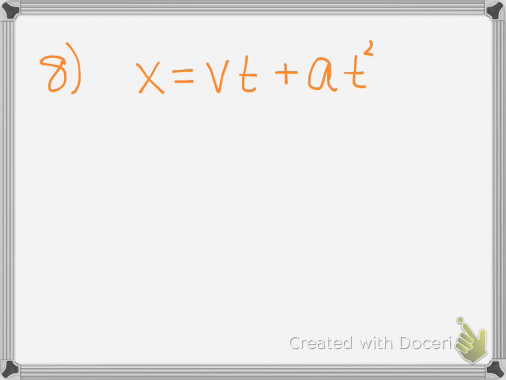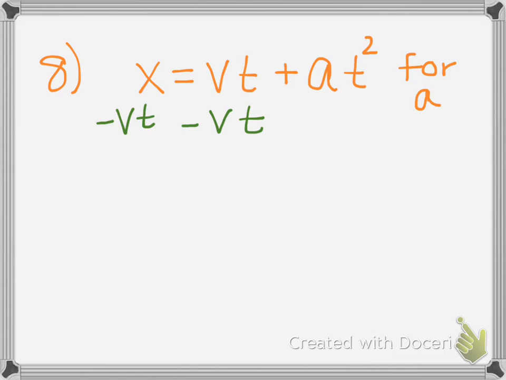Alright, last problem. x equals v times t plus a times t squared. And I want to solve for a. So I'm going to subtract vt from both sides.